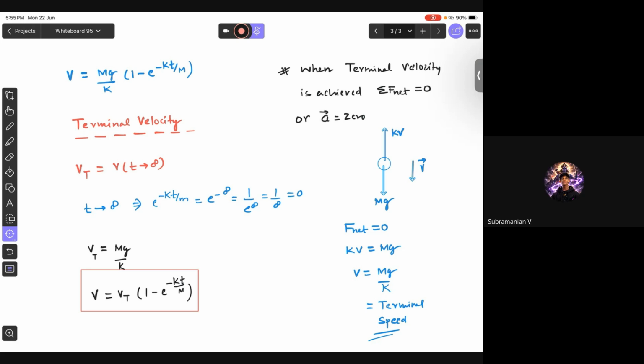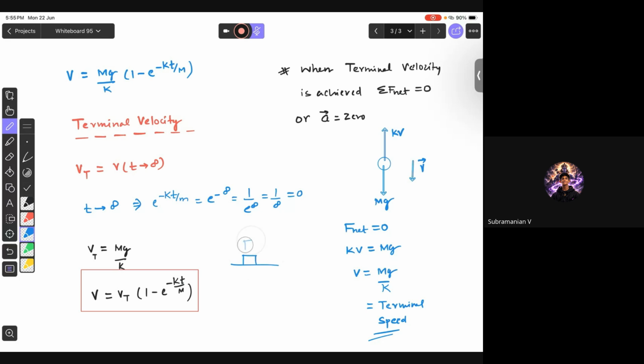Sir, but anything after experiencing some drag force will reach zero only, no, sir, as net force... Net force 0, man. Net force means total force 0. Total force 0 means the resultant of mg and kV upwards should be 0. So there are two cases in which I can have net force 0.